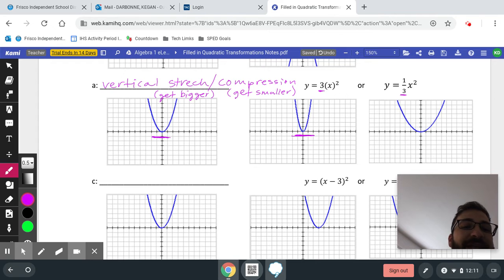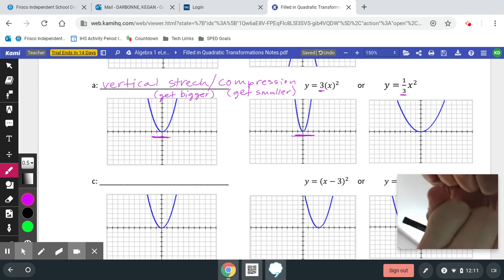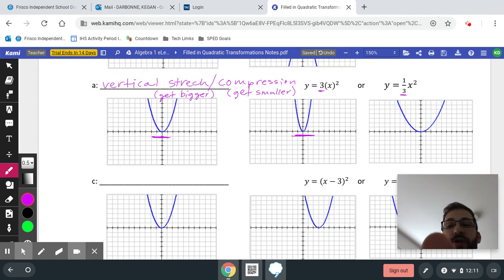So our parent function is that nice U shape. What happened to it? Well, at first glance, it looks like it got smaller, but really what we're doing is we stretched it out vertically. So just like you take a rubber band, if you stretched it a little bit more, then that space in between the pieces of the rubber band is going to get smaller. Okay, so the get bigger just means that it's being stretched out.